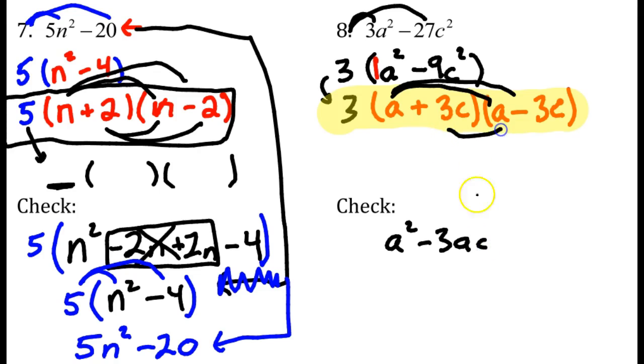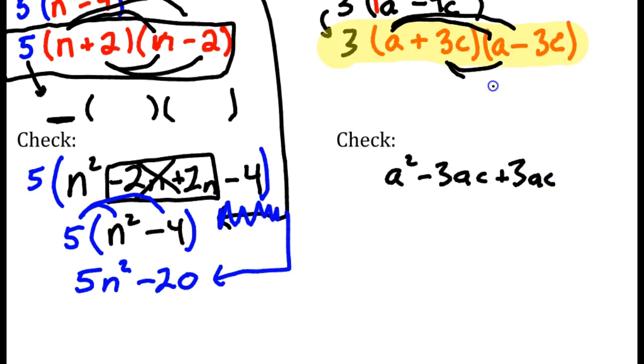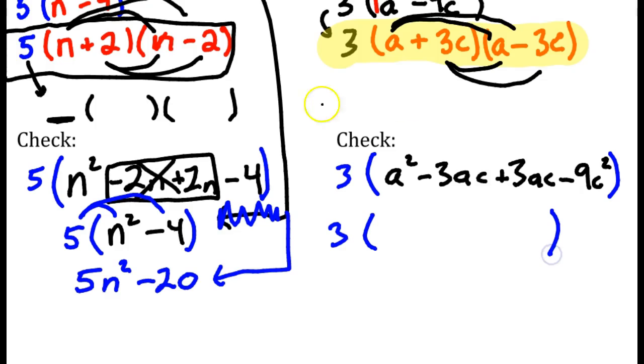Right? Like this. And then you'll just have that 3 just kind of hanging out in front. Then once you show, okay, the middle terms cancel out, 3ac minus 3ac is 0. Okay.